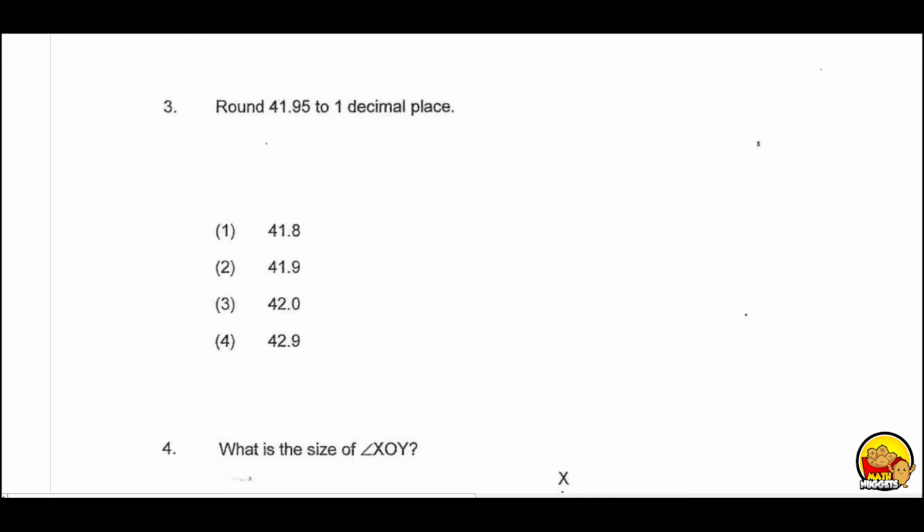Question 3, round 41.95 to 1 decimal place. So 41.95, 1 decimal place is here. We will check the second decimal place. So 5. If it's 5 or more, what will happen to the first decimal place?